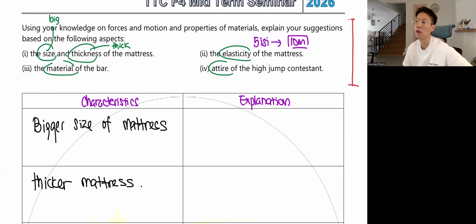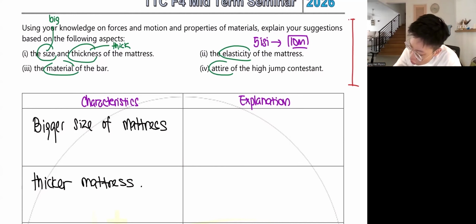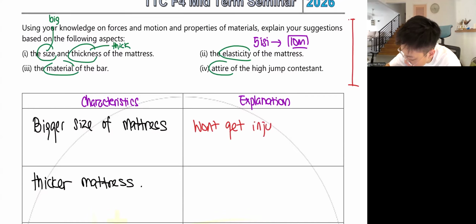What is the explanation? The experience that I have with a lot of students is that when they write this explanation, they will write something like, so that won't get injured. Then after that, they'll just say, so why do you want a thicker mattress?